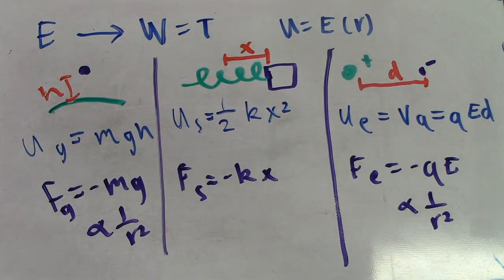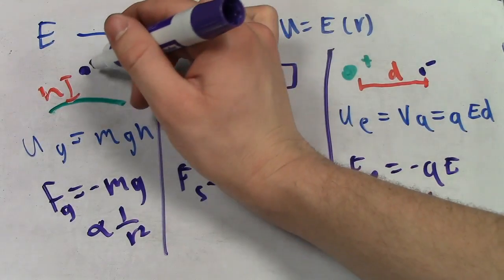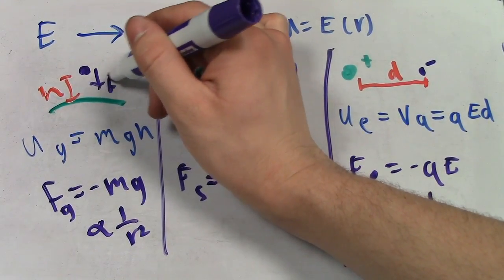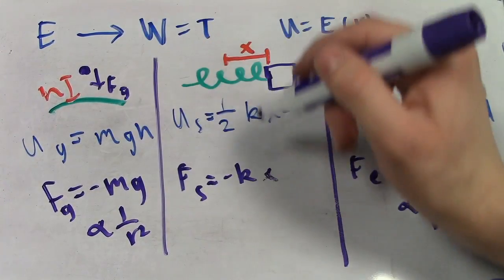Note that the negative in taking the derivative just indicates that potential energy increases when going in the direction opposite of the force. This is, of course, true.